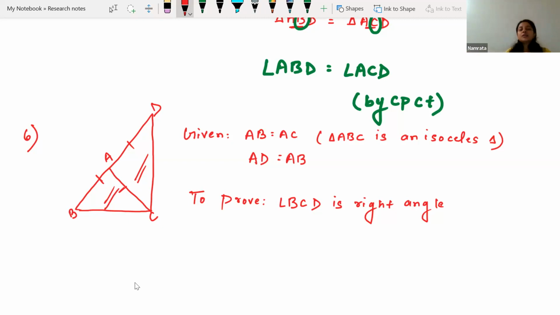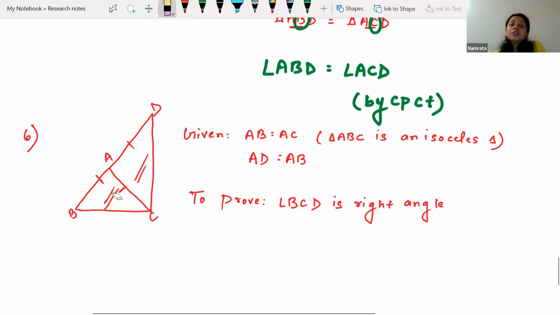But here we don't have to show that two angles are the same, or two sides are the same. We have to show that angle BCD is 90 degrees. So the concept of congruency may or may not work over here. So we have to think about another approach.